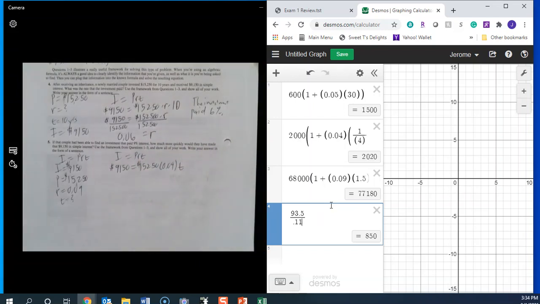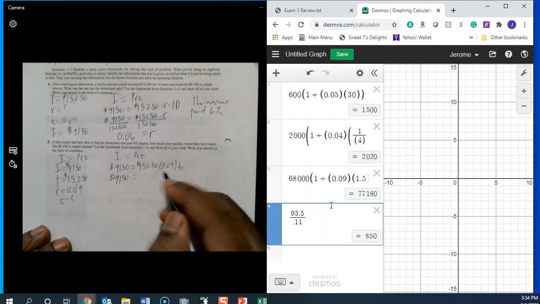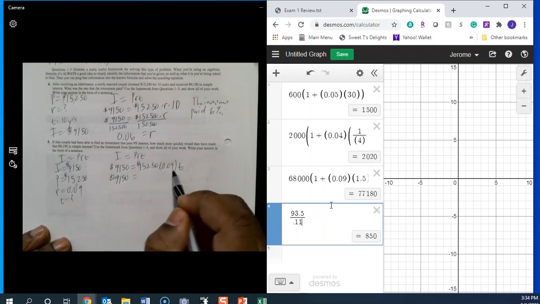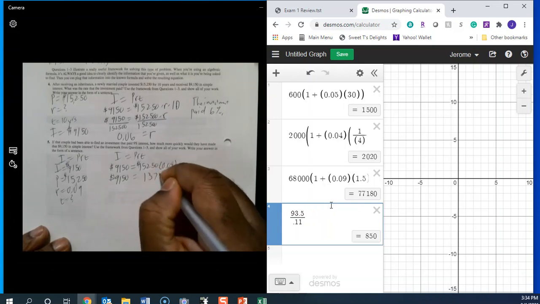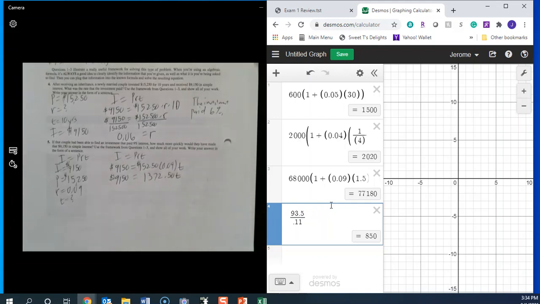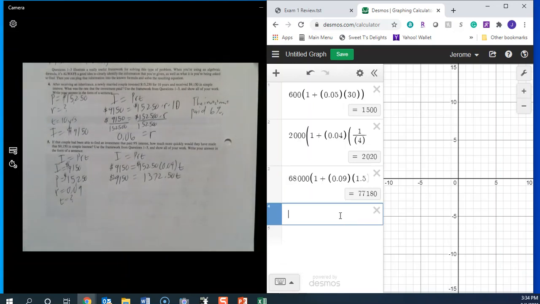And the time is T. So we have 9,150 is equal to, so we'll take this 15,250 times 0.09, which gives us $1,372.50 times T. Now, just to make sure, let's go on and do that.